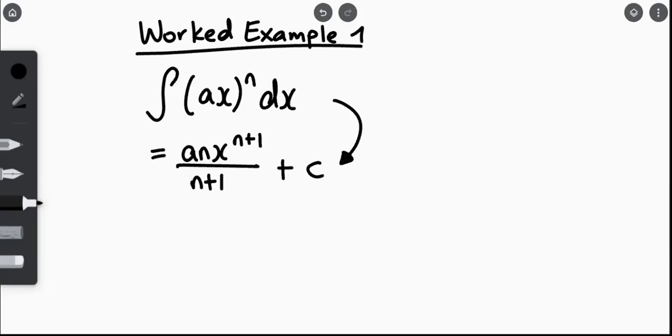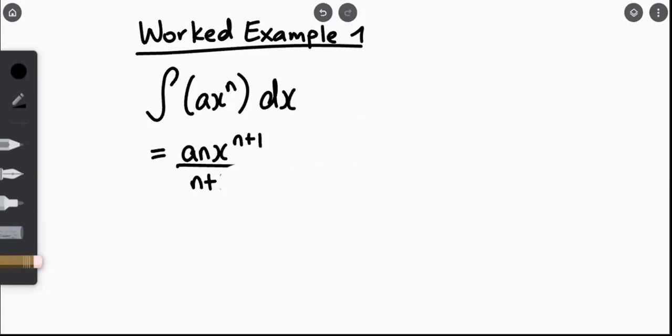Okay, sorry, this one is not correct. It's supposed to be ax to the power n inside bracket. So for this one, it is power add 1. Firstly, you need to know how to actually do the power function for this, which is ax. Sorry, let me erase this for now.